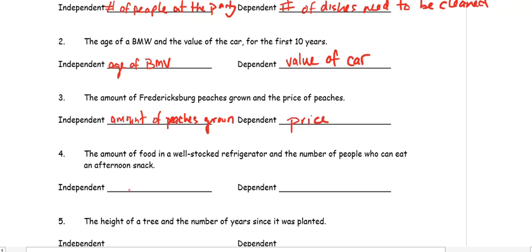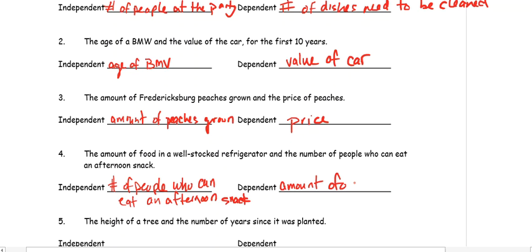Number of people who can eat, and amount of food. I'm only saying this because of the well-stocked refrigerator part of it. If it's a well-stocked refrigerator, then it's always going to have food in it, and if people are eating afternoon snacks, you're going to have less food in the well-stocked refrigerator. That's the way I see it.